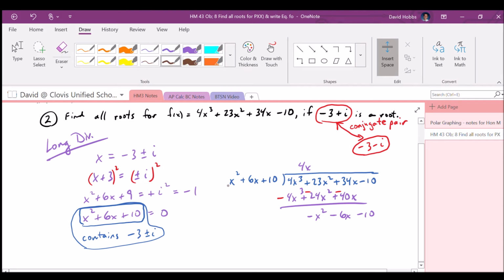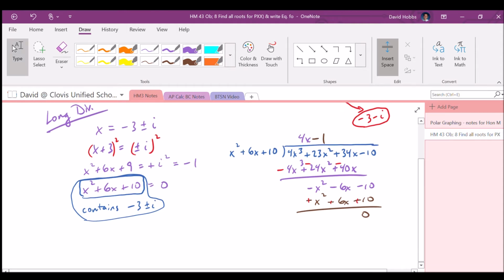And what times x squared gives me -x squared? Well, -1. So -x squared minus 6x minus 10, and if we distribute our negative, we can see that we get 0 remainder, which is good, because that's what we're supposed to be getting if we're dividing by roots, okay?